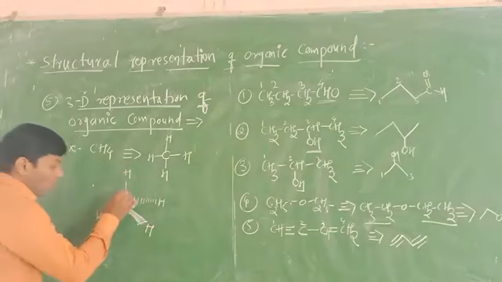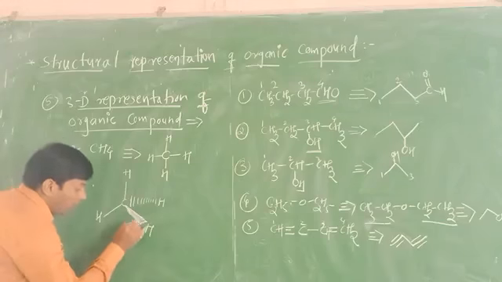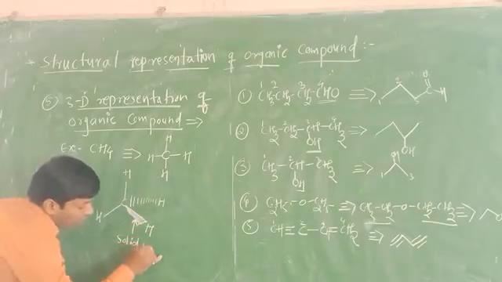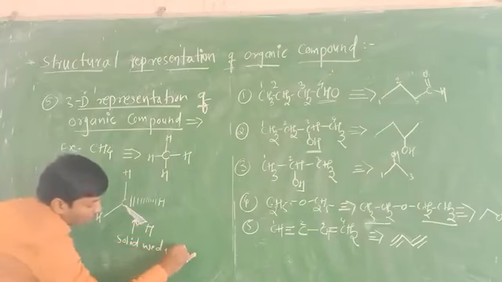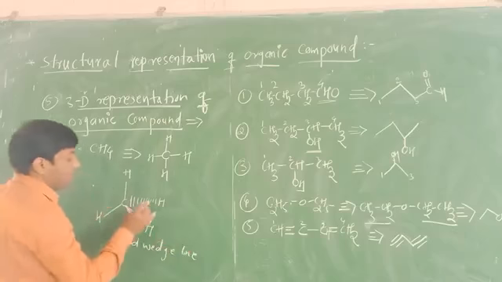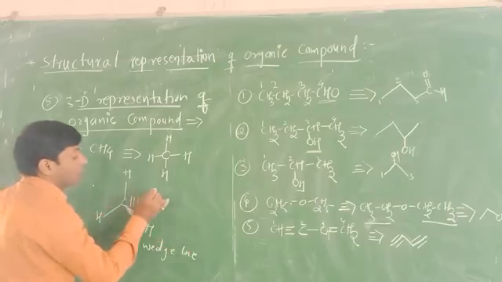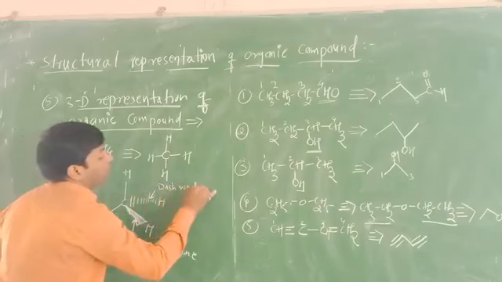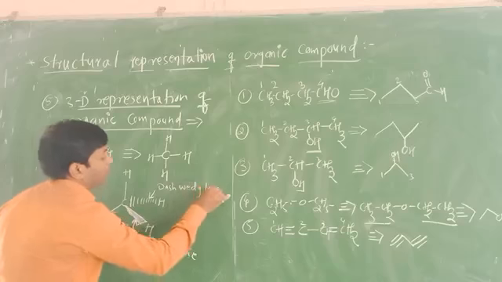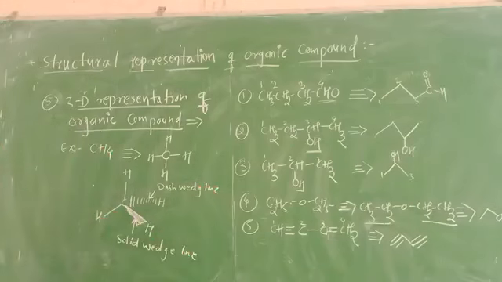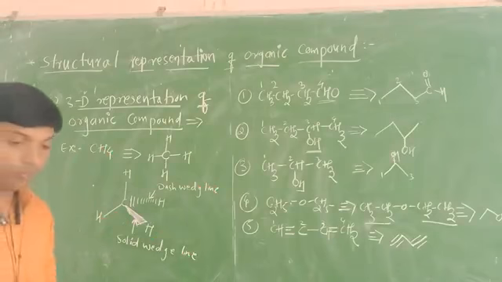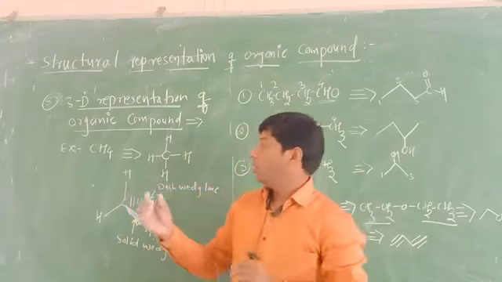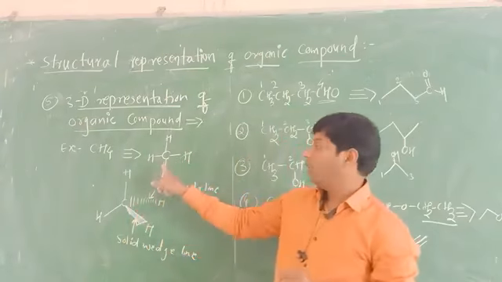So this is called a normal line, and this particular line is called a solid wedge line. This is called a dash wedge line. Dash wedge line and solid wedge line. This is the methane compound.